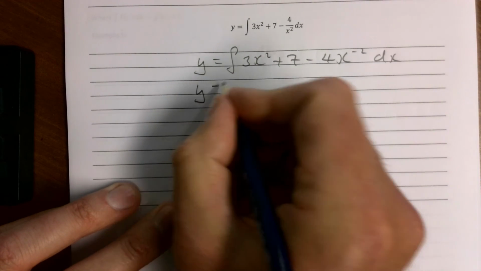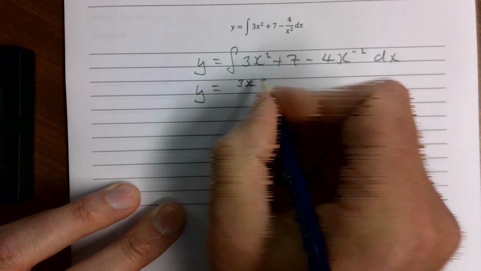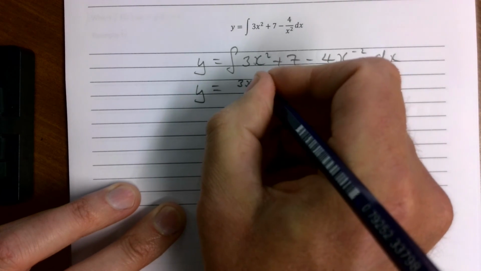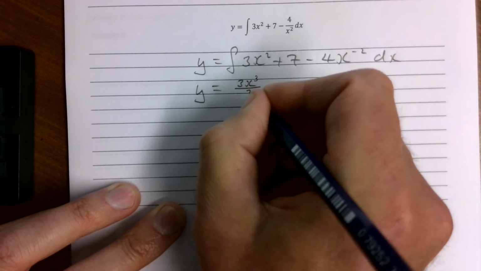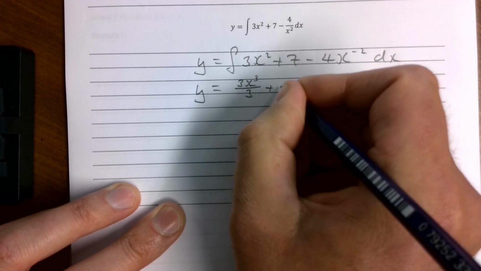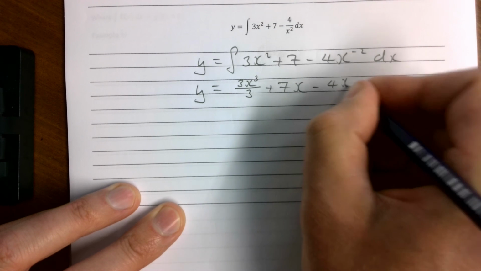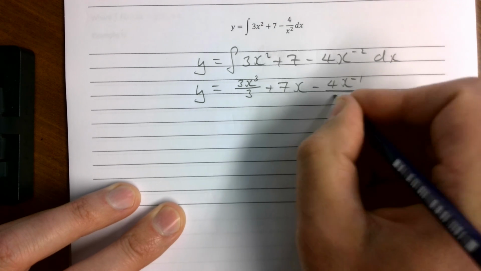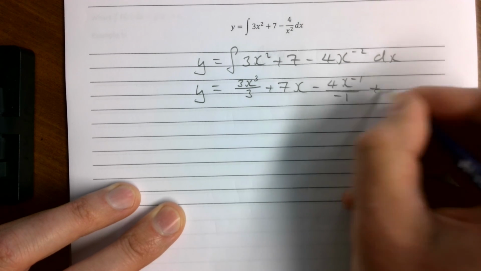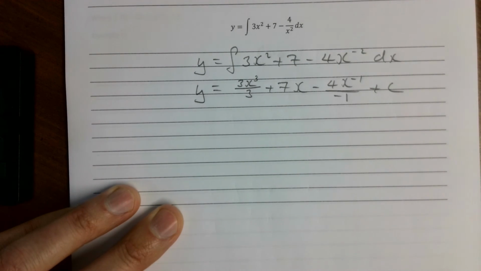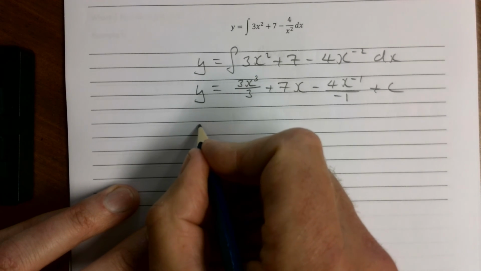Integrating. 3x, add 1 to the power, divide by the new power. Do you remember what happens here? 7x, minus 4x, add 1 to the power, divide by the new power, plus c.